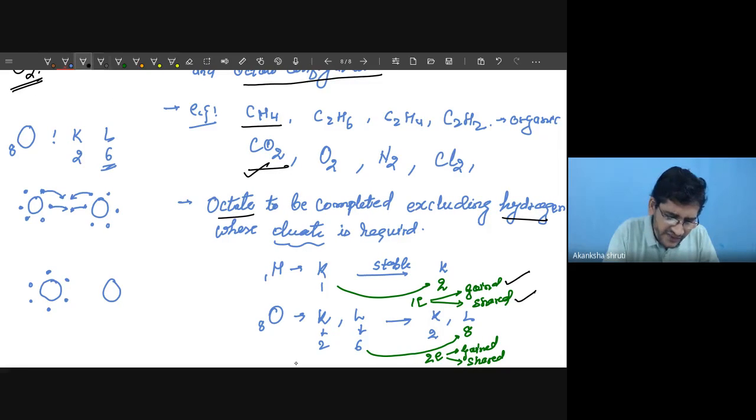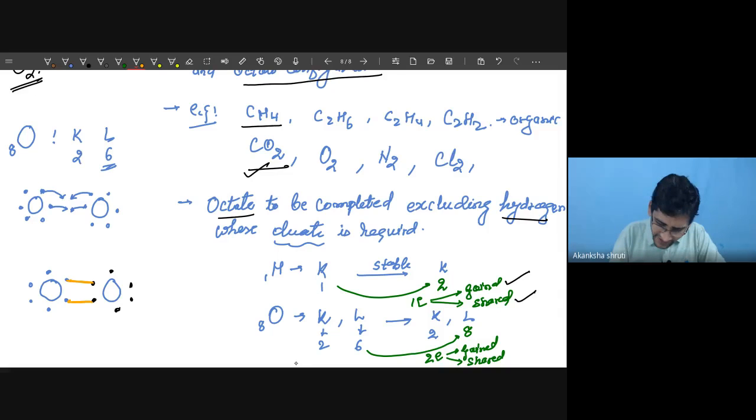Their electrons I am drawing with black dots. Okay, students? So what will happen? These two will agree to share these two electrons, which means this will form one bond. Another electron of the left oxygen and the right oxygen, they will also share. So in this way they will form the other bond.